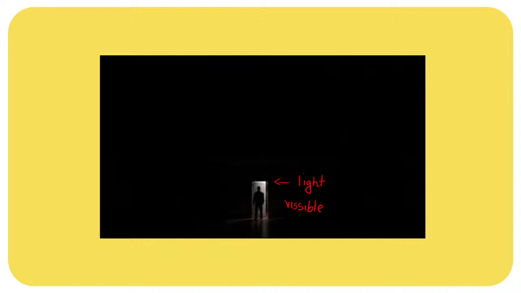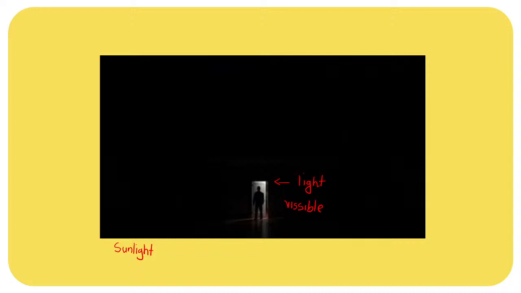So do you know why things are more clearly visible during the day than during the night time? It's all because of sunlight, isn't it? During the daytime, we get to see sunlight, and because of this sunlight, the things are more clearly visible.